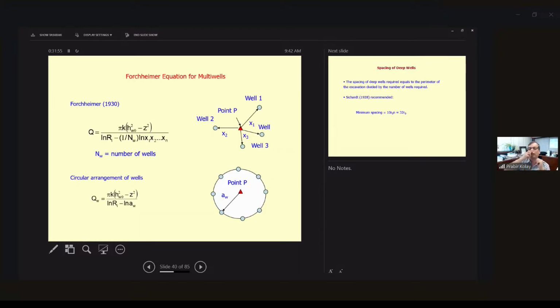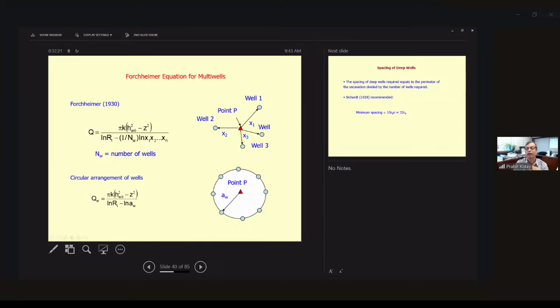Now the wells can be arranged in a circular way, or arbitrarily. So how can you calculate the discharge? This is the point P over here. If you know the distances from the different well points, and the arrangement is irregular, this is the first equation you need to use.